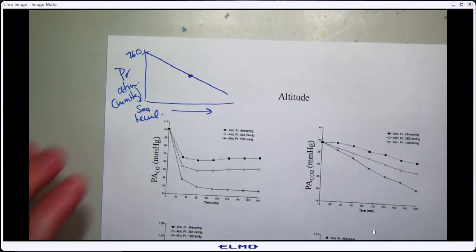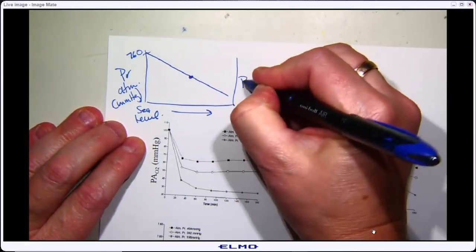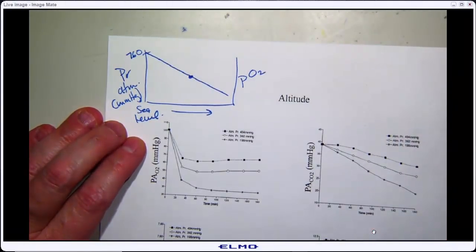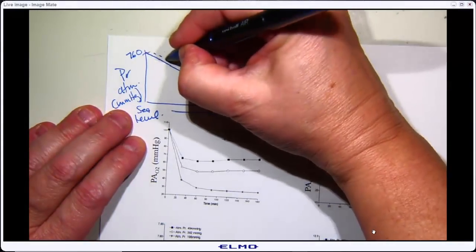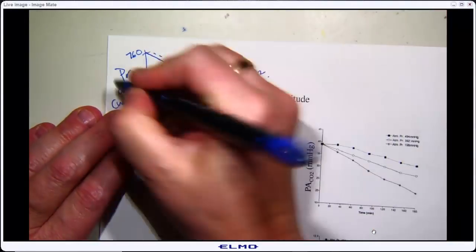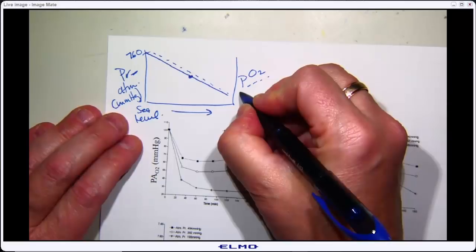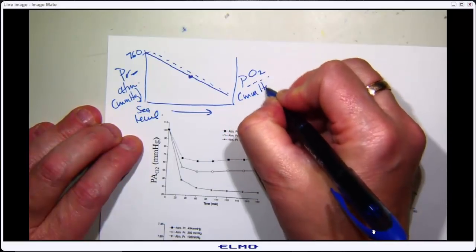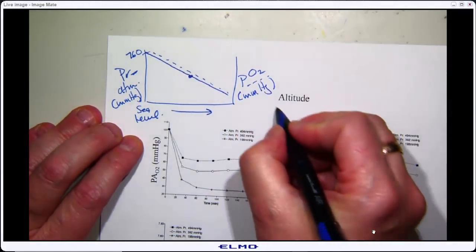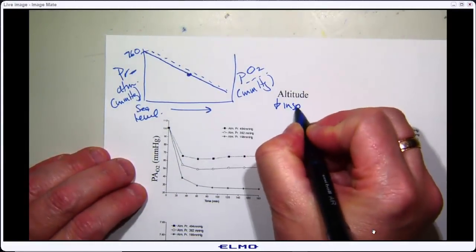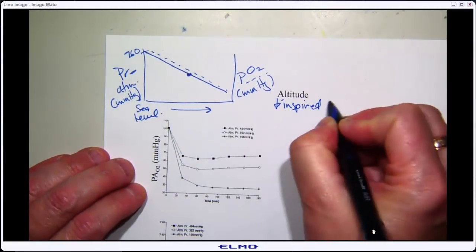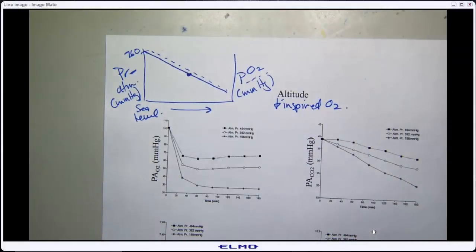Okay, so if we were to look at a second axis to look at the partial pressure of oxygen as a percentage of that, then it's going to drop as well. So going to altitude is essentially a decreased inspired oxygen problem. Okay? So we're decreasing inspired oxygen.